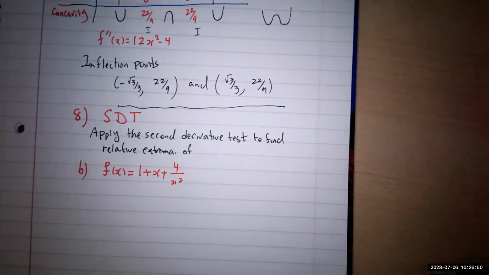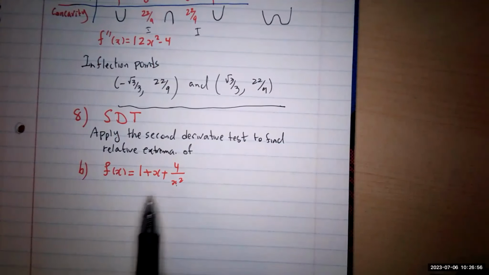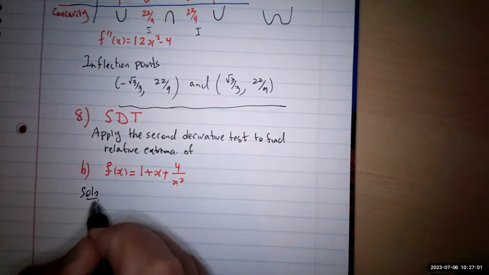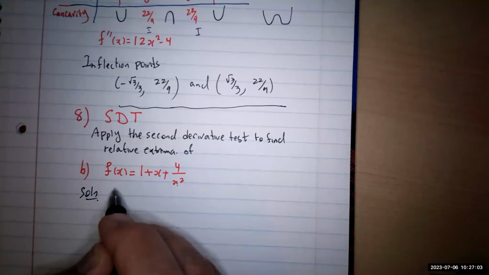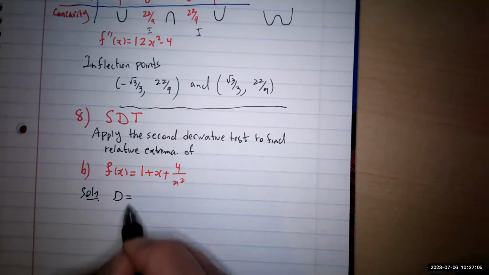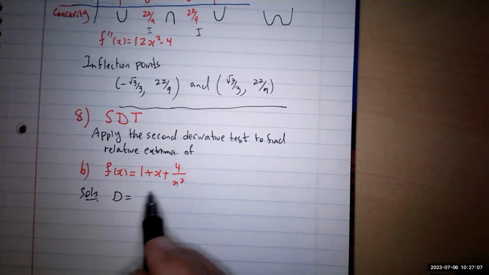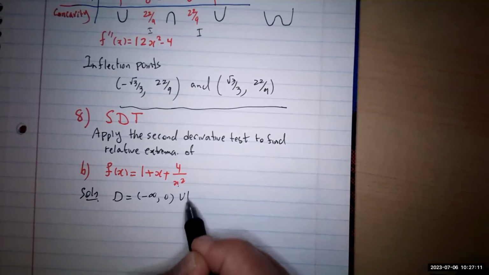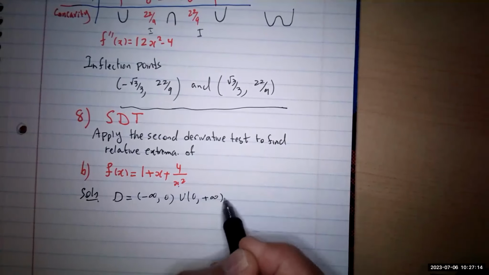So what you have to do is find the critical values first. The domain of this function is everything except 0. So the domain is negative infinity to 0, union 0 to positive infinity.